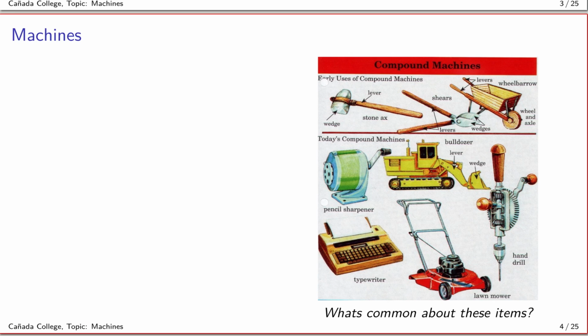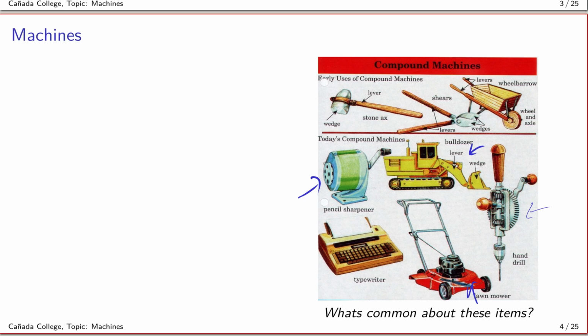Right? There's a lawnmower. Here's a bulldozer. You may have seen something like this. It's a handheld drill, a pencil sharpener, something that you might be using quite often. So what are all these things doing?